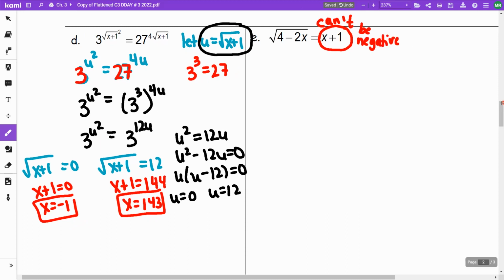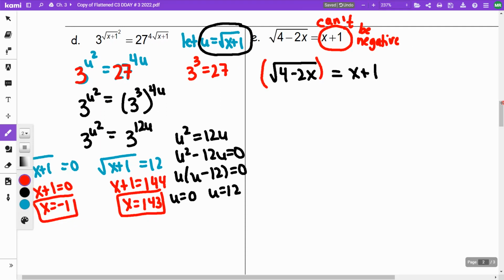Okay, so I am going to have 4 minus 2x is equal to x plus 1. I am going to square both sides. I saw this earlier, so this is going to be (4 minus 2x) squared. This side I'm going to square. So it's going to be an x squared. I'm going to multiply together and double. So that's going to be a 2x. And I'm going to square 1.